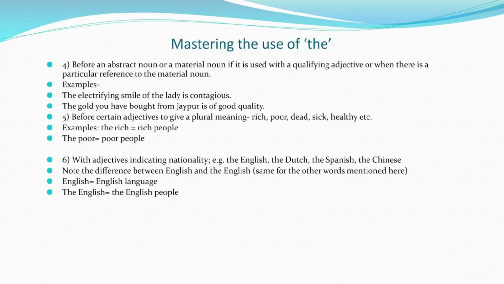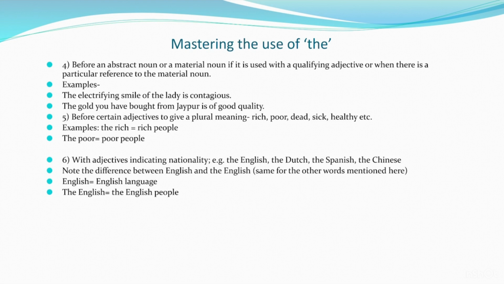Like, he is talking about the gold that has been bought from Jaipur. So that gold is of good quality. So when you use such a qualifying adjective or clause to refer to that particular material or abstract noun, then you can use the article the.